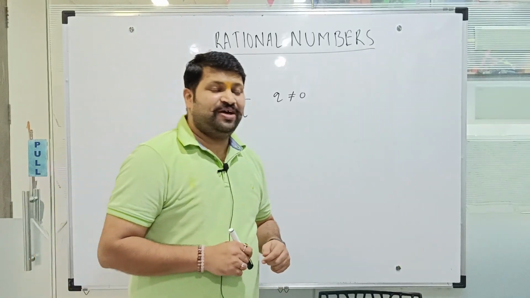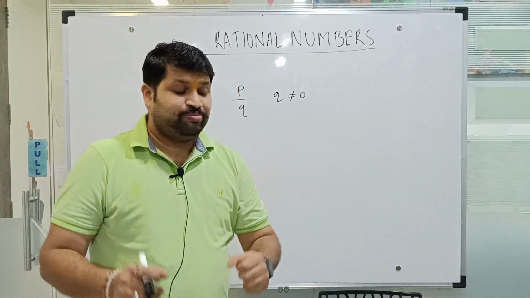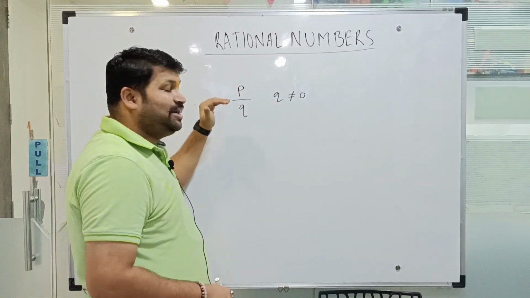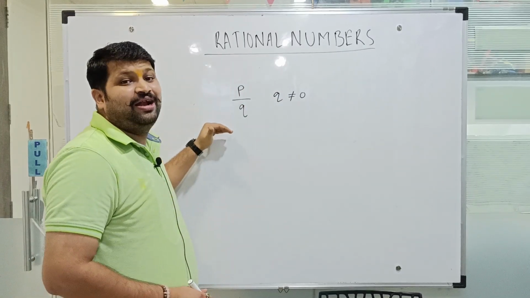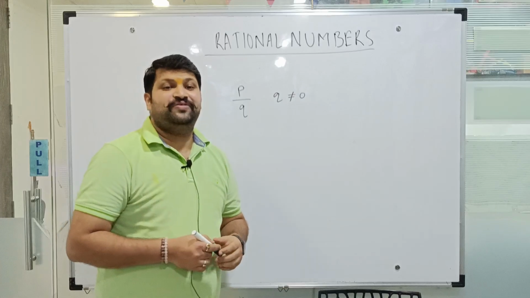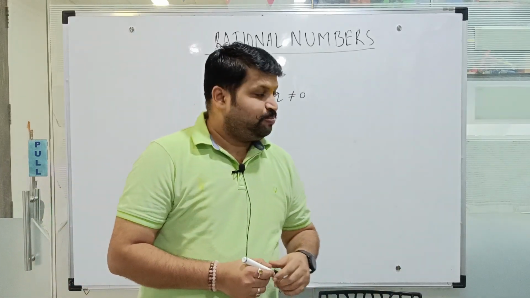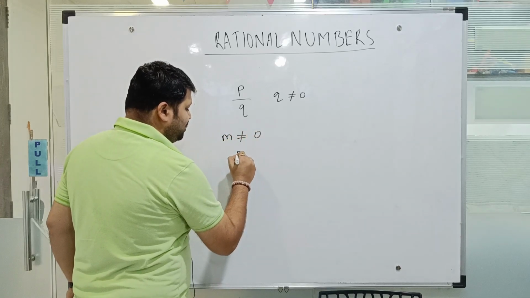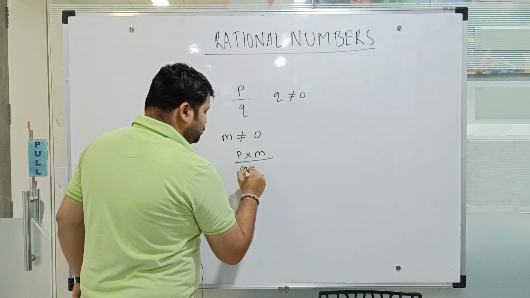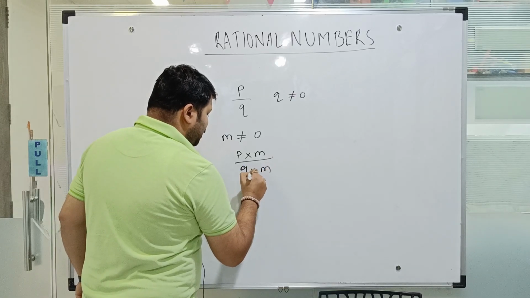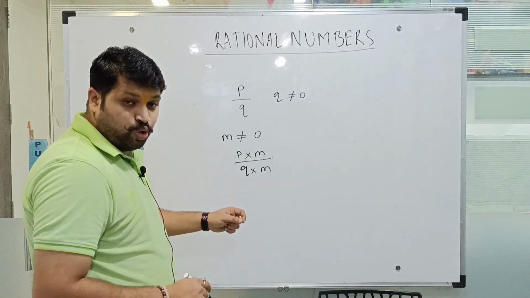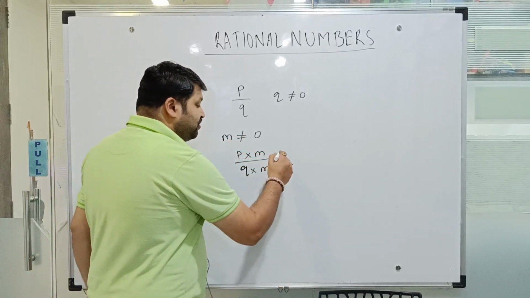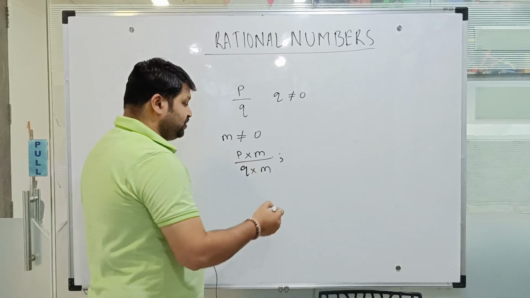Now, the next thing that we have is, if we have a number m which is not 0, and if you multiply that m with the numerator and the denominator, then the answer that we get is again a rational number. So if I have a number m which is not equal to 0, then P multiplied by m upon Q multiplied by m would be a rational number as well. Also, if I divide P by m and Q by m, the final answer would still be a rational number.